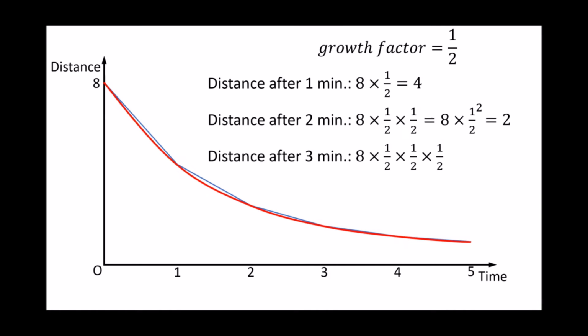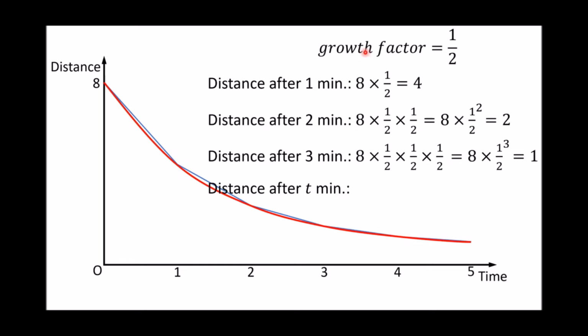So we can continue this. After 3 minutes, 8 times a half times a half times a half. A half for each minute we spend, and we can shorten that as 8 times a half to the power of 3, which is 1, which we saw in the table earlier. That means that we can try to find a pattern in general for after t minutes.